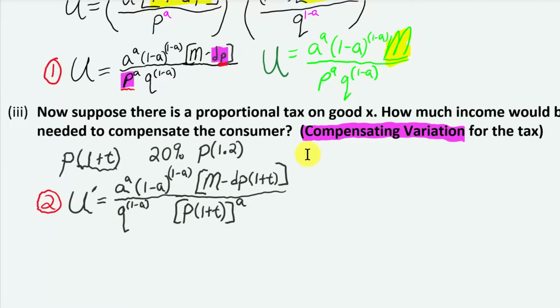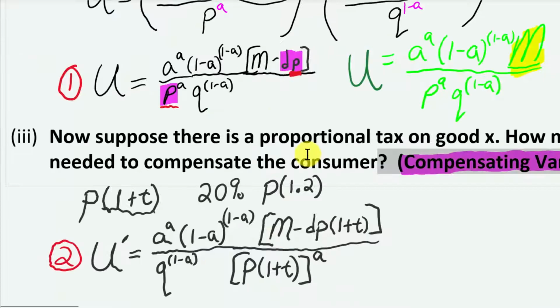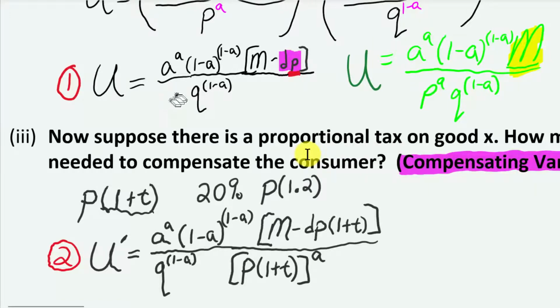So when we compare these two equations, number 1 and number 2, we can see that really the difference is, let me move this P to the A over here. We can kind of separate the utility into two parts, right? Since everything is multiplied here, we have this part bracketed in blue on the left and the part in orange on the right.